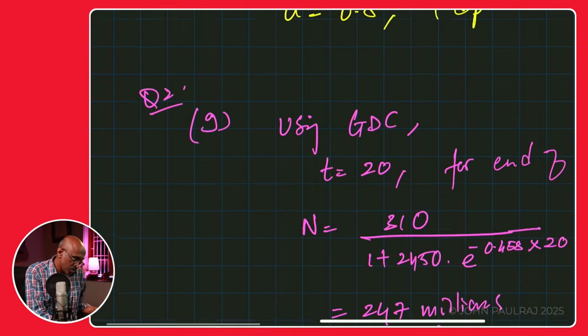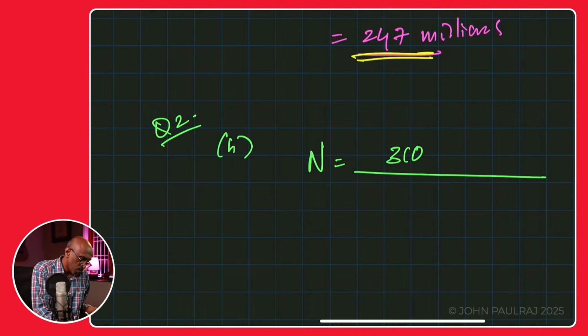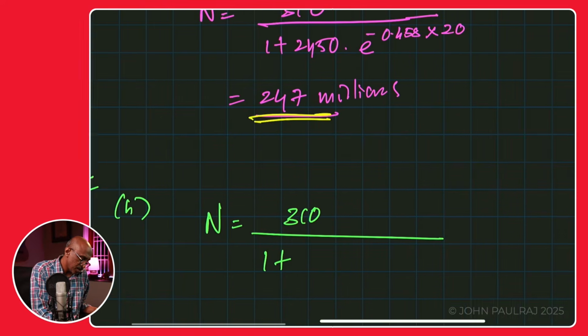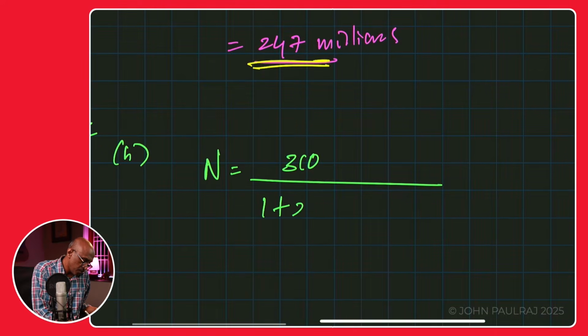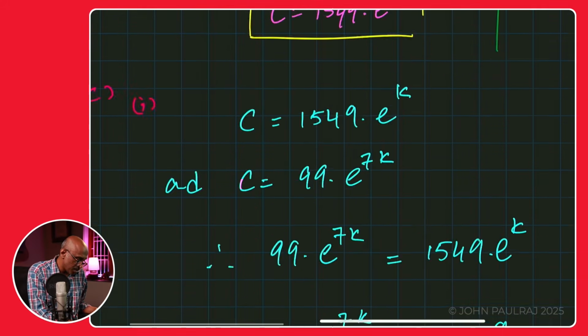So I'm going to do it here, g to h, and we say n is 310 over 1 plus 2450 e to the power of minus 0.458 t. Now remember the words are important, how we write.